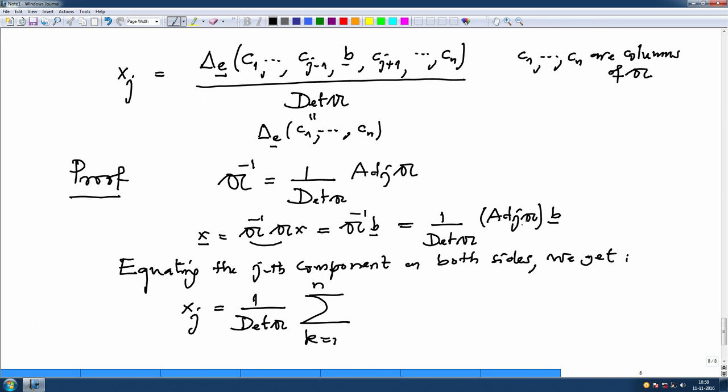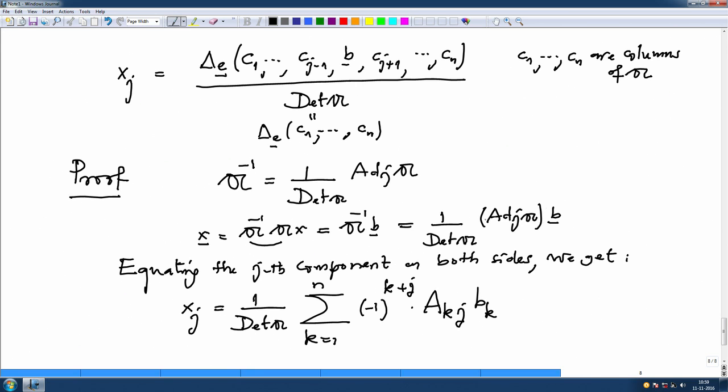The jth row is indexed by A tilde j, but A tilde j is minus 1 power k plus j times capital AKJ times BK.